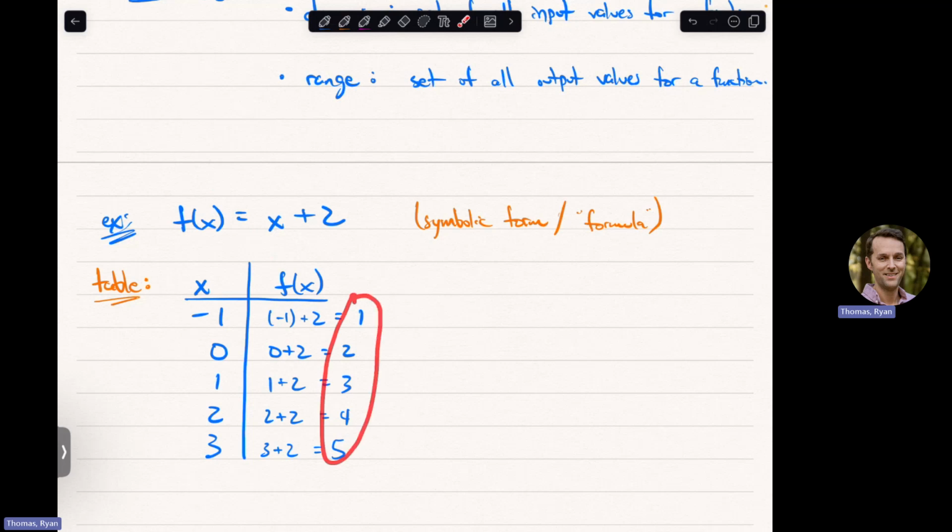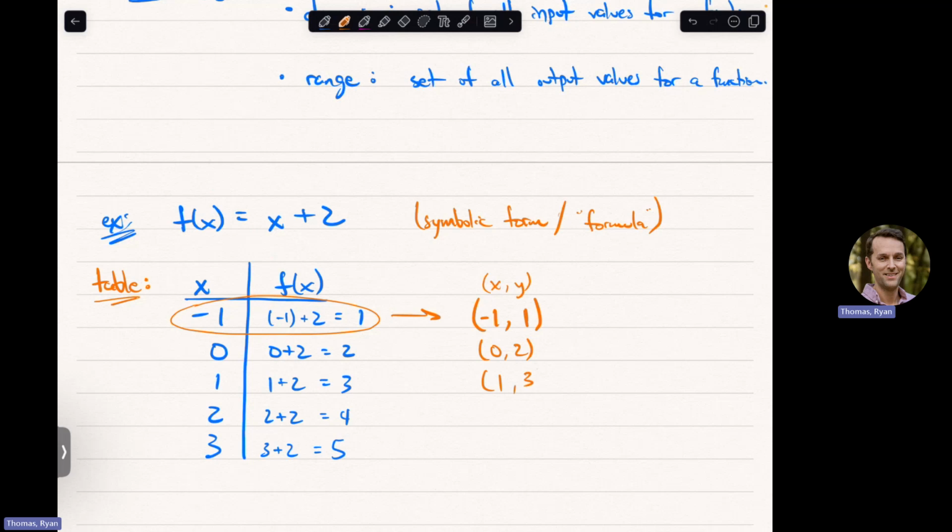These are the actual function values that I'm interested in. So what this tells me, for example, this first line is that the x value, oh sorry, -1, pairs with the y value 1. Similarly, 0, 2, 1, 3, and so on.